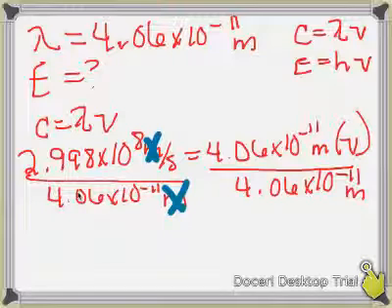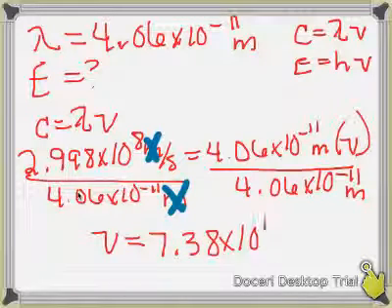Okay, so now all I have to do is put this in my calculator, correct? So I'm going to do 2.998 exponent 8 divided by 4.06 exponent negative 11. And we get our frequency to equal 7.38 times 10 to the 18th.